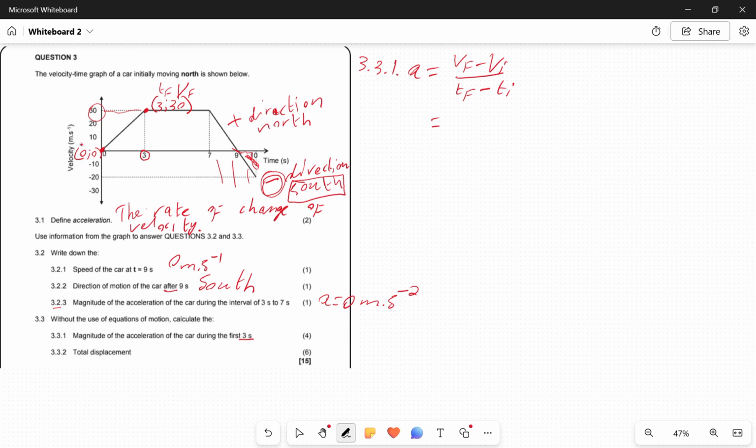This side is going to be our Ti, and this is going to be our Vi. So our Vf, guys, as you can see, is going to be 30 minus our Vi. What is our Vi? It's 0, divided by the Tf, which is the final time, that is 3 seconds, minus the initial, which is 0. Now we are saying 30 divided by 3, and what answer are we getting? The answer we get there is going to be 10 meters per second squared.